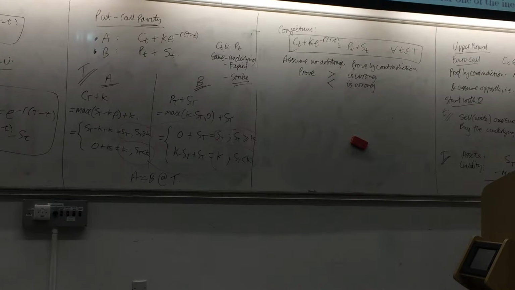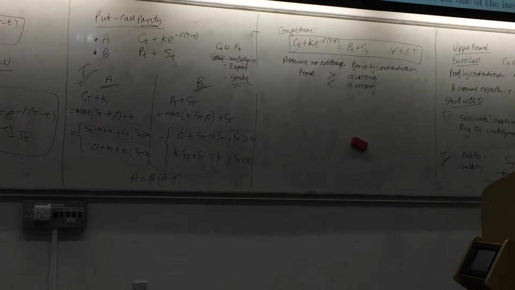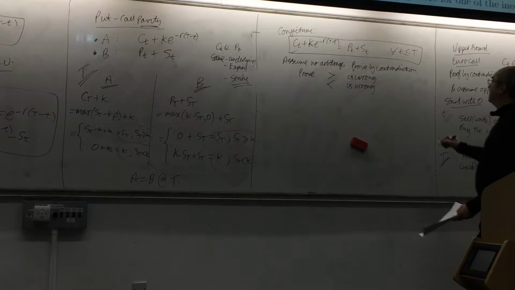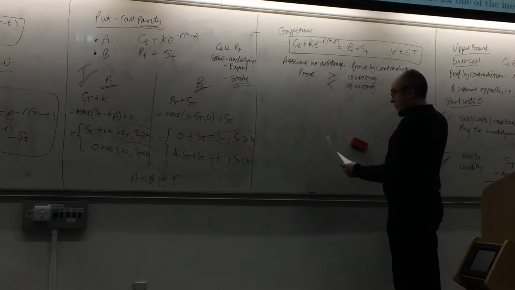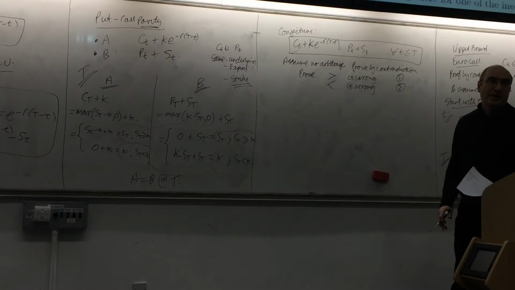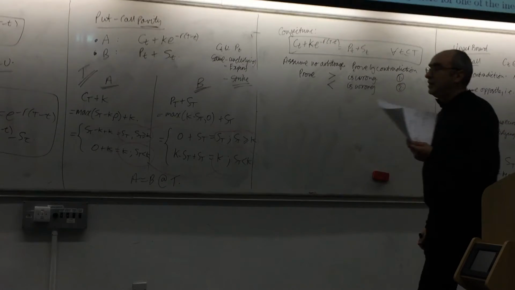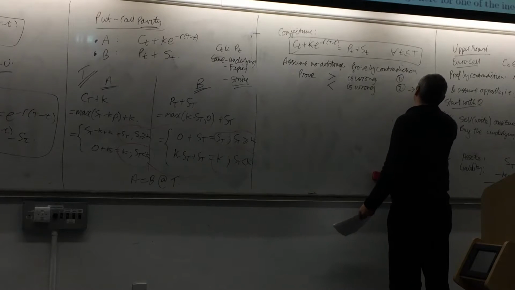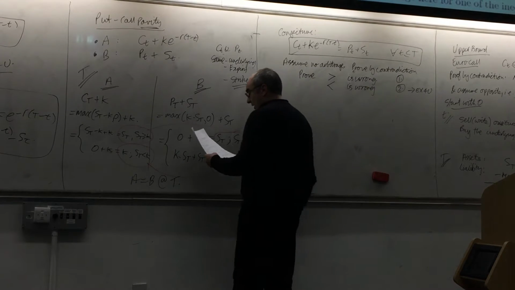Because if you can prove the greater than is wrong and the less than is wrong, the only other scenario you can have is equals. Okay? So there's 1 and 2. I'm only going to do 1. I'll leave 2 in the notes as well. That's going to be an exercise for you. But I'm going to do 1 here.